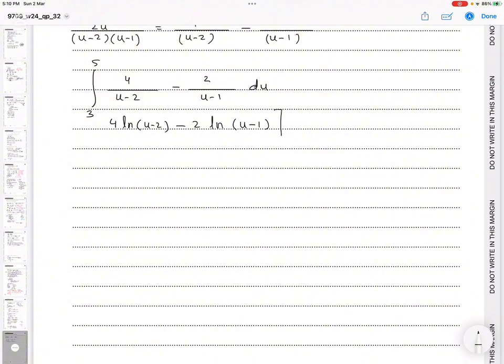Now put the limits from 3 to 5. Upper limit minus lower limit.